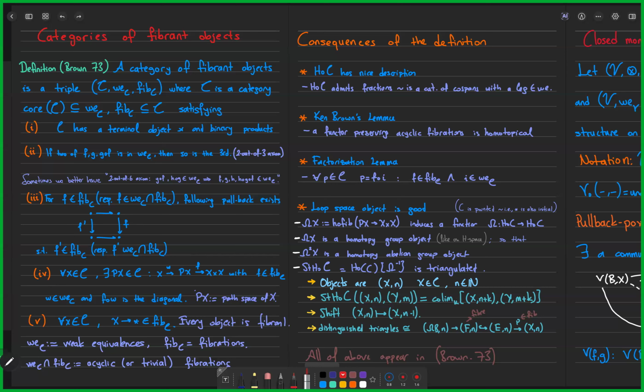This definition itself has many good consequences. Actually, all of them are mentioned in Brown's original paper. First, the homotopy category has a nice description. The arrows from A to B can be written as cospans, sorry, like this.